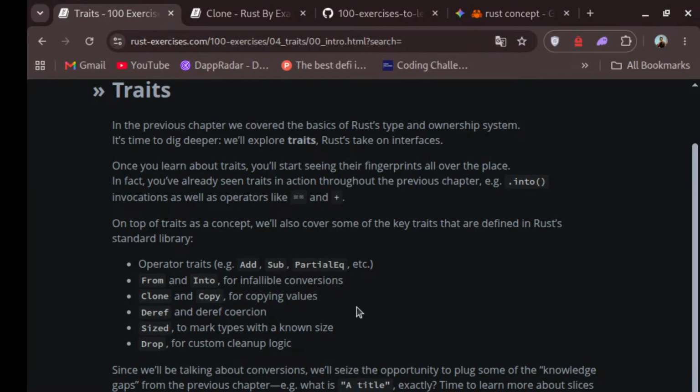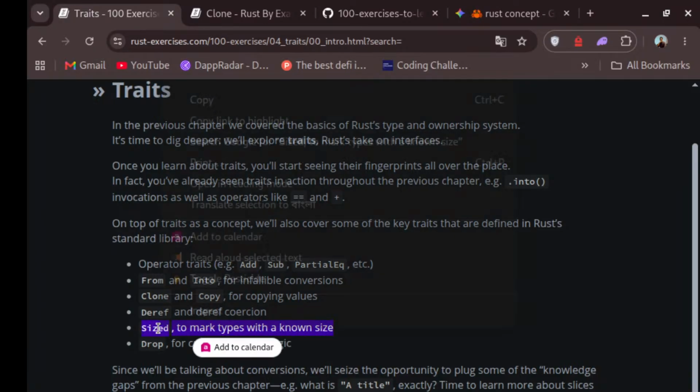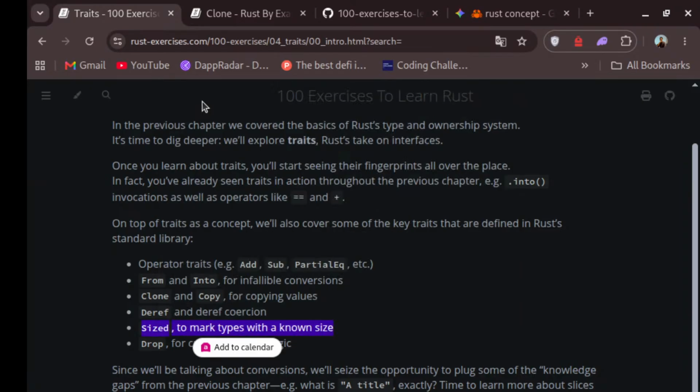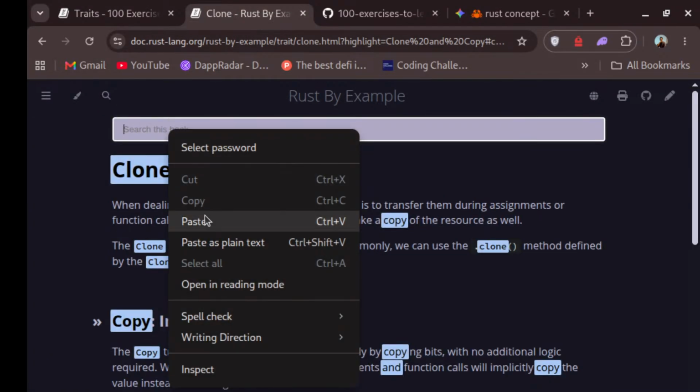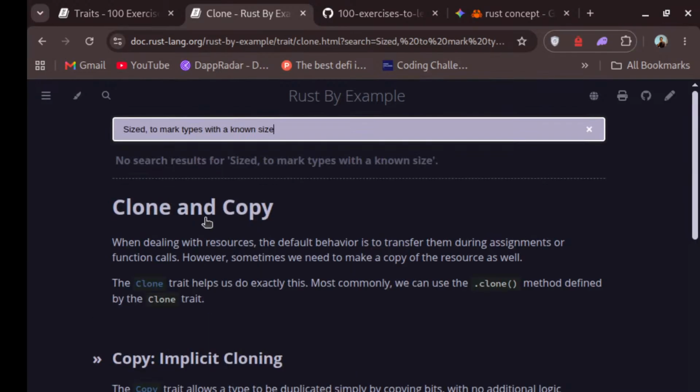It is important because many times I face this problem, I don't know about you, that is sized and unsized types.